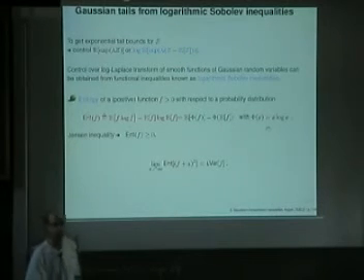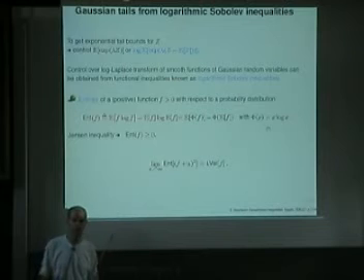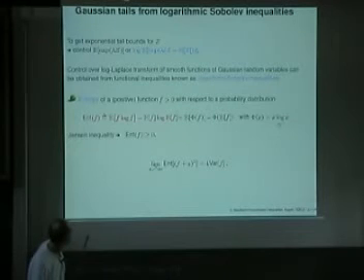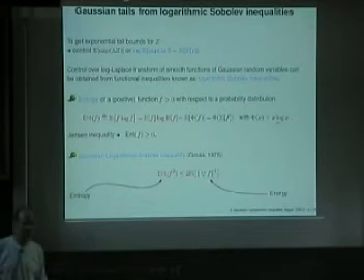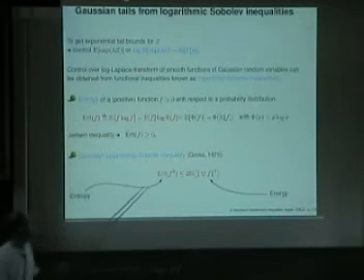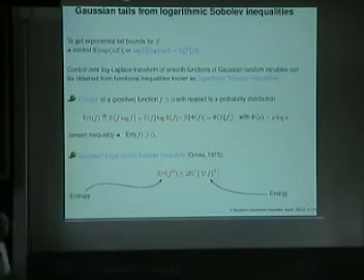Now I will introduce you to the mother of all log-Sobolev inequalities: the Gaussian logarithmic Sobolev inequality, introduced by Leonard Gross in 1975.